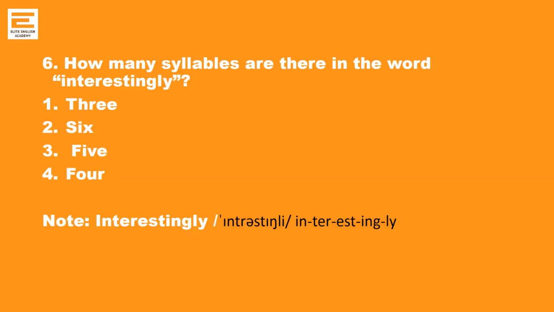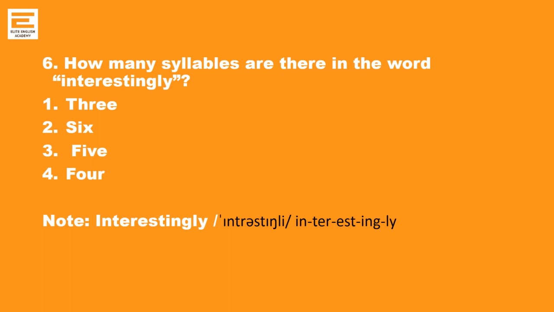Question number 6. How many syllables are there in the word 'interestingly'? This particular question is asked from phonetics. You should know the syllabification. So what is a syllable? The number of syllables in a word is decided based on the number of vowel sounds available. That is the basic definition.